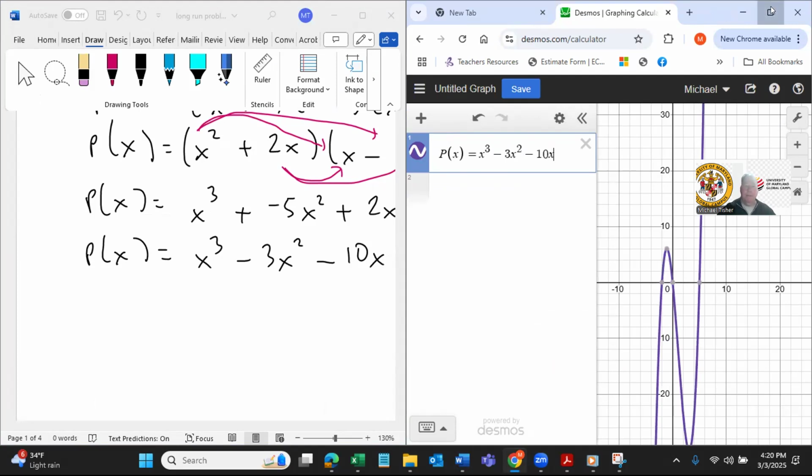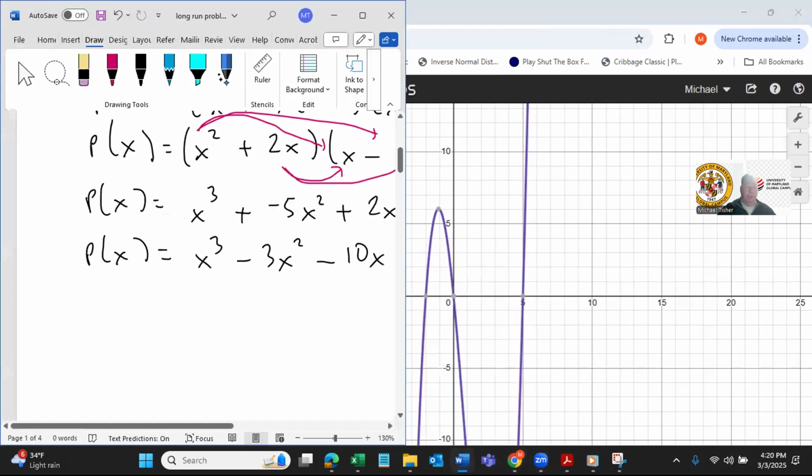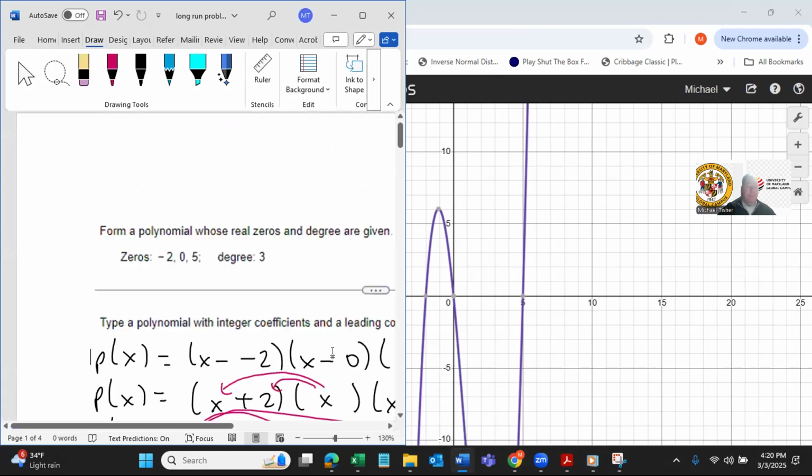Here we are. So it's x to the 3 minus 3x to the 2 minus 10x. And let's see, we need to have, let's recall what zeros we really want to have. -2, 0, and 5. All right.